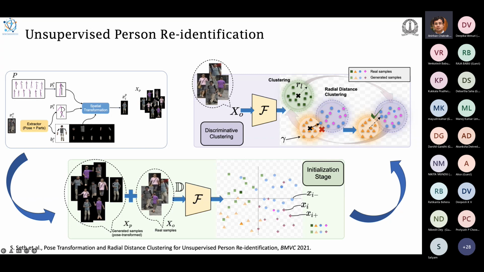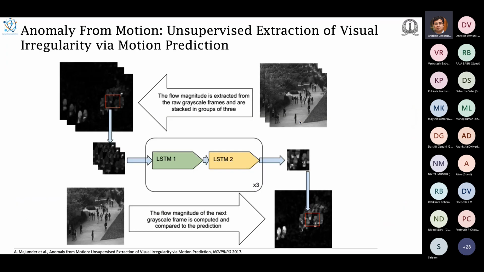With that, you learn a feature representation by training a deep network, and then in the second stage, the network learns to map similar features closer in the feature space using a proposed discriminative clustering algorithm, right? And finally, we show that we can not only beat the state of the art, but we can actually get closer to the supervised performance in some cases, which is very interesting.